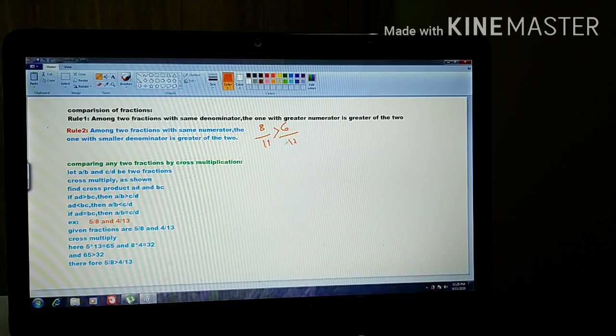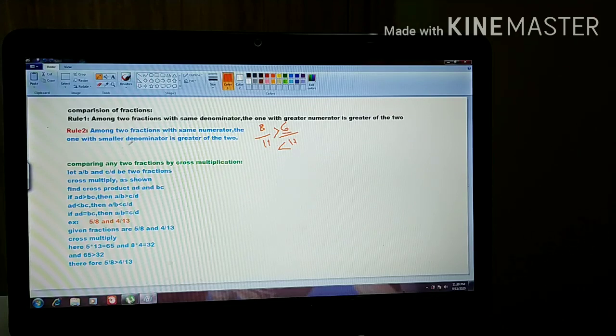If the denominators are the same, we look at the numerators. For like fractions, the one with the greater numerator is the greater fraction, and the one with the smaller numerator is smaller than the other fraction. So 6 by 11 is less than 8 by 11.